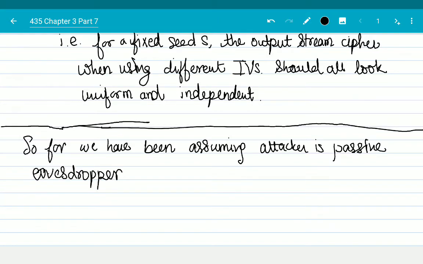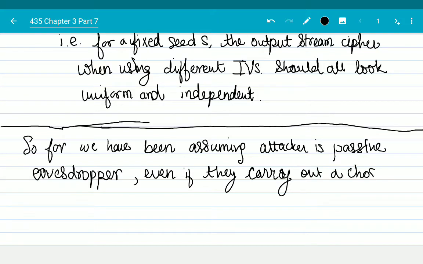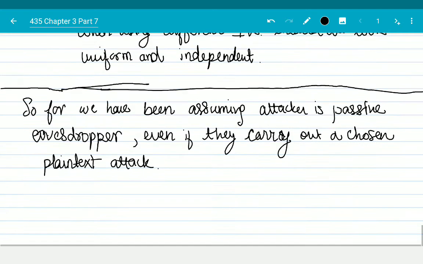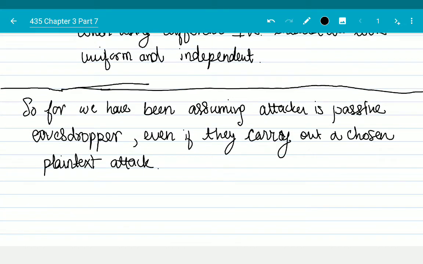Even if they carry out a chosen plaintext attack, they're not actively interfering in my communication. They're basically looking at some messages that are being sent and trying to decode from there, right?